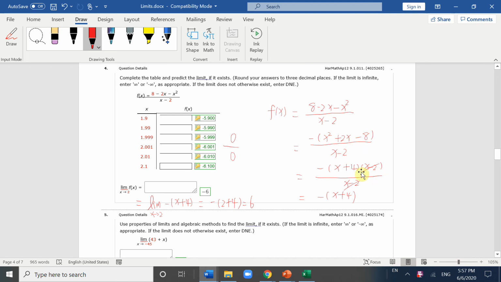So here you see x minus 2, x minus 2 cancel out. Then it's just negative x plus 4. That's just a linear function, a polynomial function, so no breakpoints now. Then you could just replace x by 2 to get the -6.